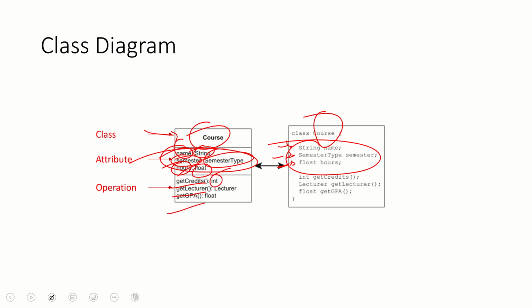Okay, the next part is always the return type. Okay, getCredit will return int, getLecturer returns the data type Lecturer, getGPA is a float, right? That is matched to your method in the coding, right? So if you understand this, it should be easy to help you understand the different parts of a class.